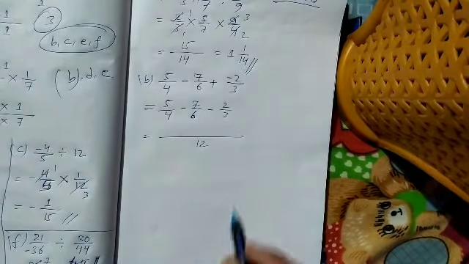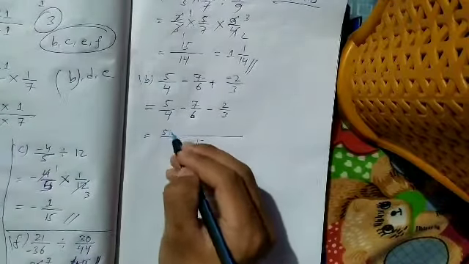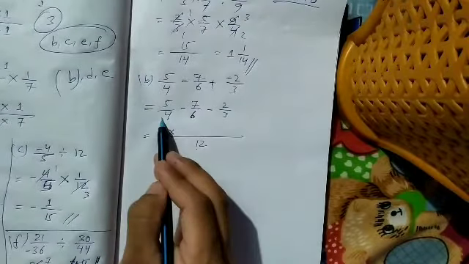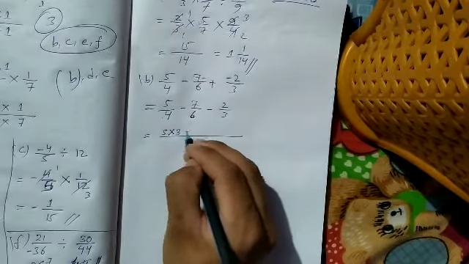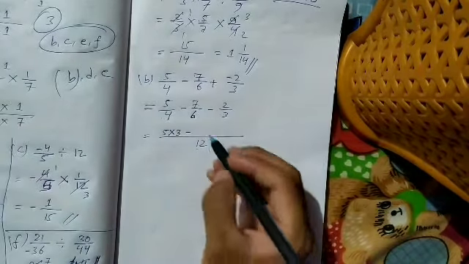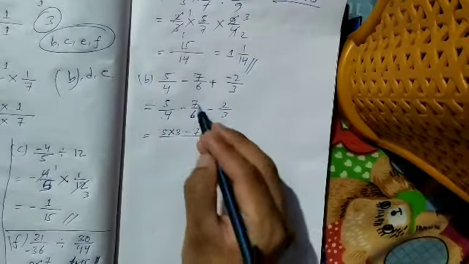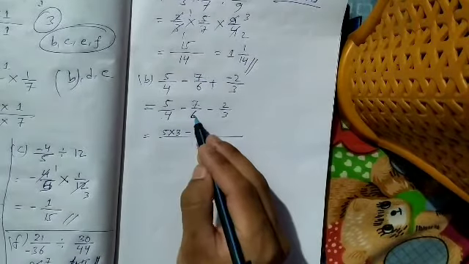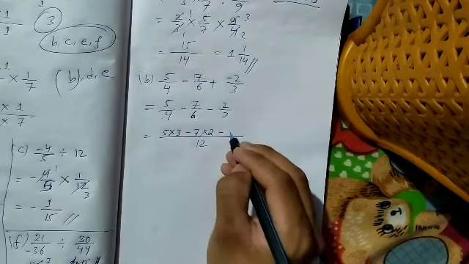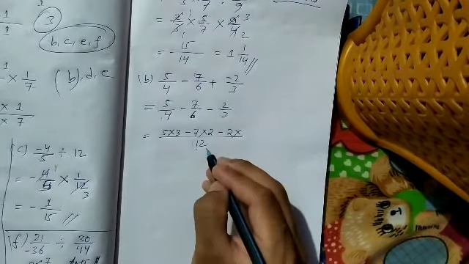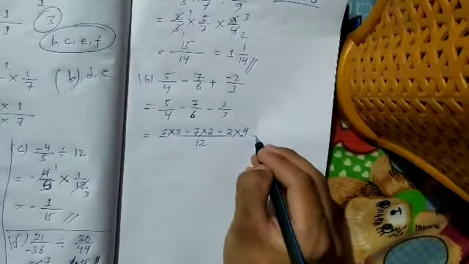Next, what is the first part? Here 5 into, if you divide 12 by 4, it will be 3, 4 3s are 12, right? With that 3 you have to multiply here, minus, next here 7 is already there, into, if you divide 12 by 6, 6 2s are 12, with that 2 you will multiply here, minus here 2 into 3, how many times is 12? 3 4s are 12.